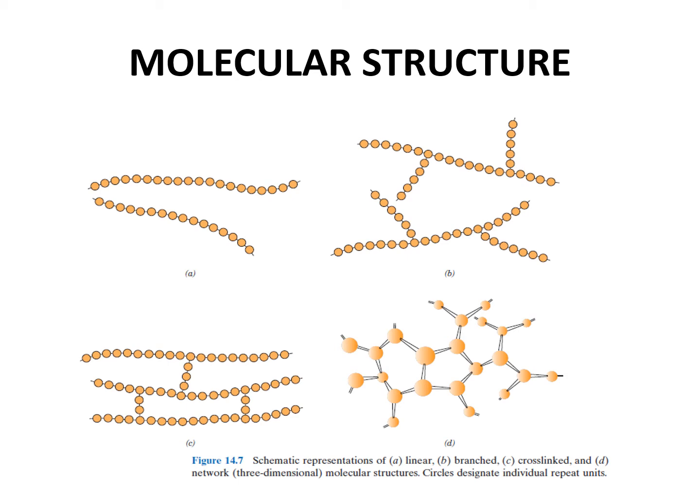Okay. Now the next one is branched polymers. It is represented in figure B. After the synthesis, polymers in which the side branch chains are connected to the main chain are called branched polymers.